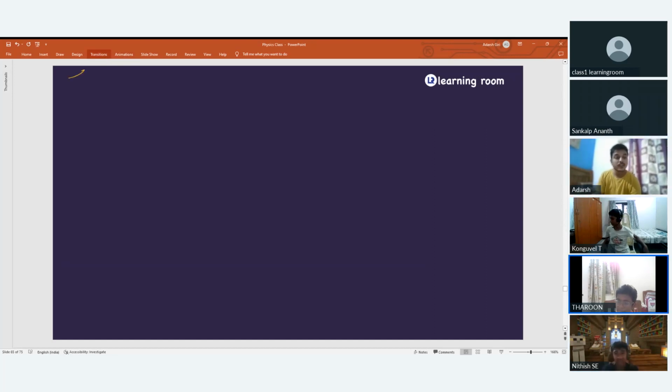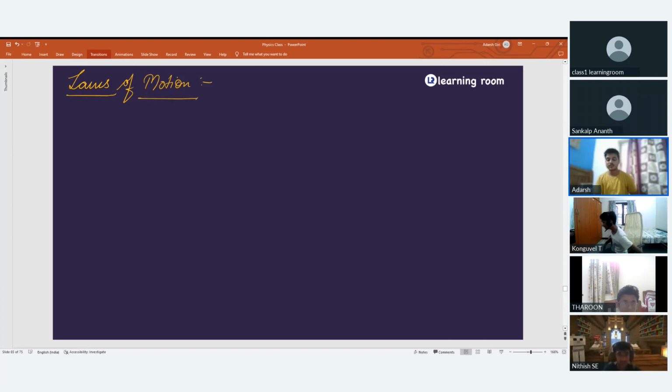Laws of motion. This will be starting today. Very important. Earlier chapters we were more related with the type and kind of motion, and we were not concerned with the cause of motion, why that motion was happening.